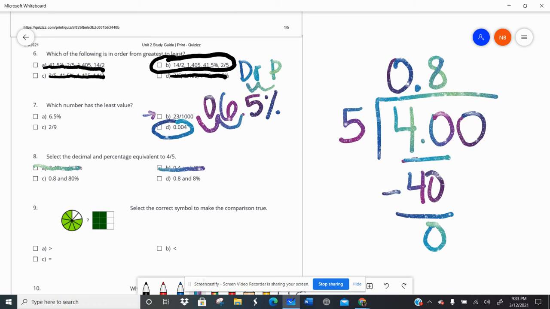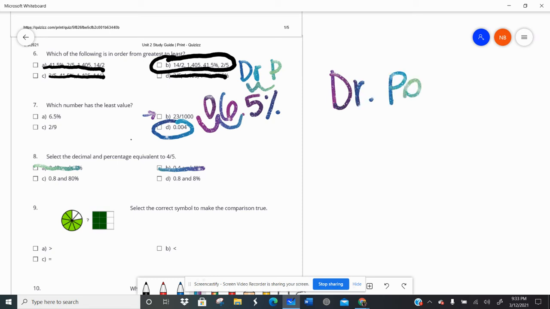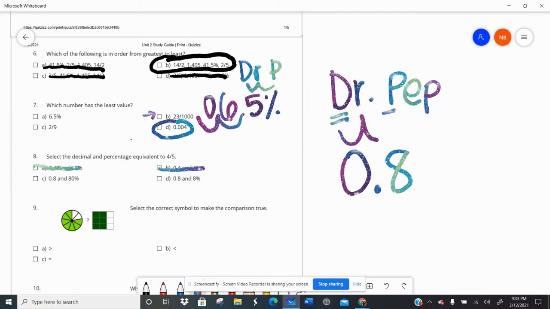So I just got to figure out which one of those percents would be 8/10. Well, I think back to the very famous Dr Pepper. If I have 8/10, which means I have a decimal, I want a percent, I'm going 1, 2 spaces.